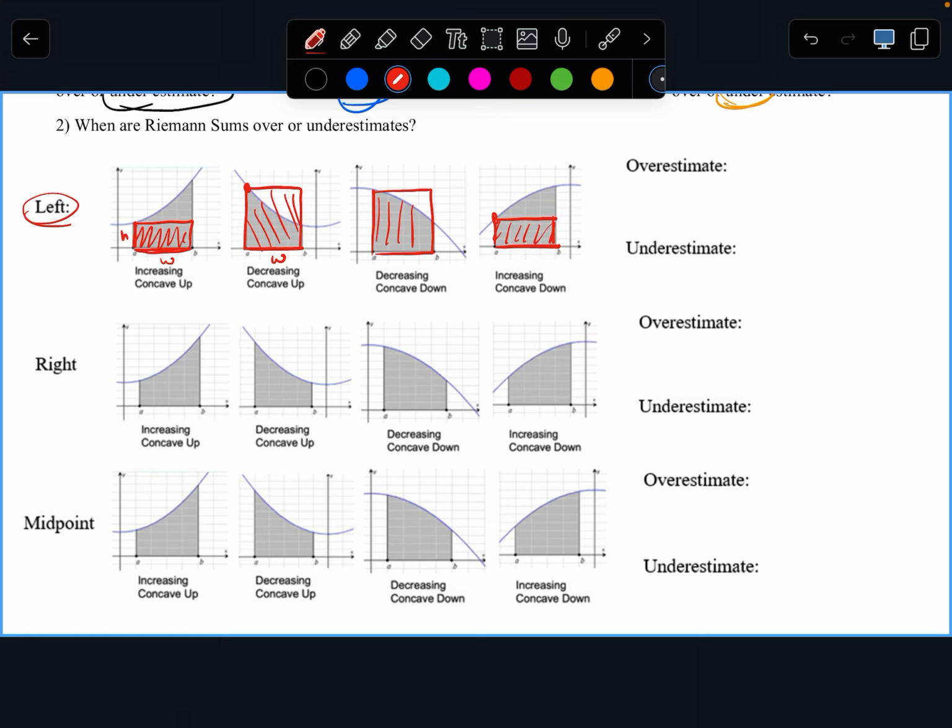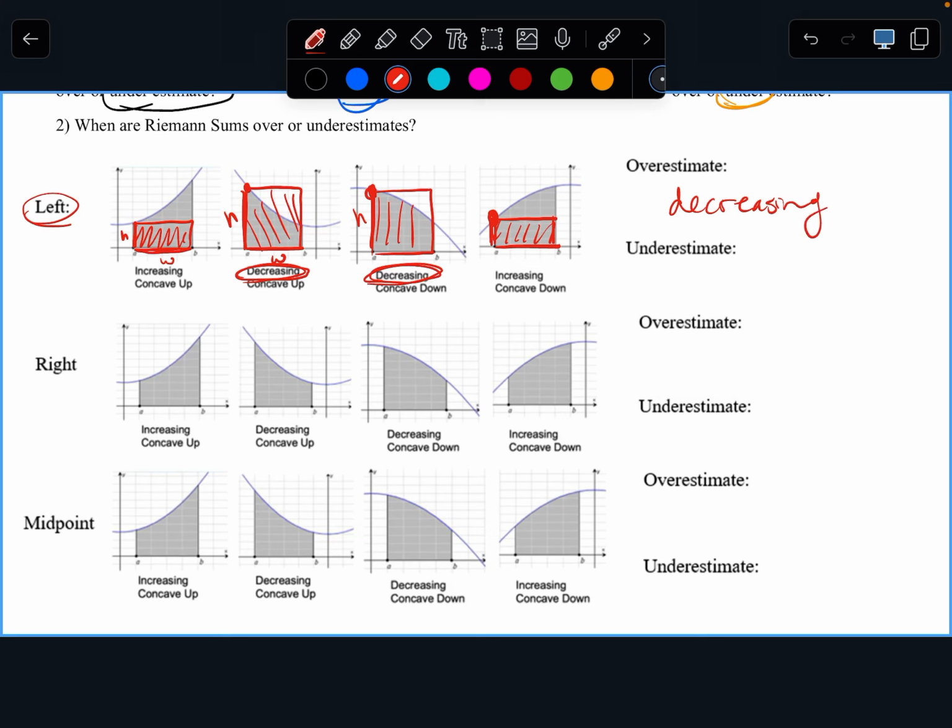If I'm using just straight up left, this is where I'm getting my heights from. The pattern is, as far as overestimate, they're both decreasing. That's what's in common with them. For a left Riemann sum on a decreasing function, it is always 100% of the time an overestimate.